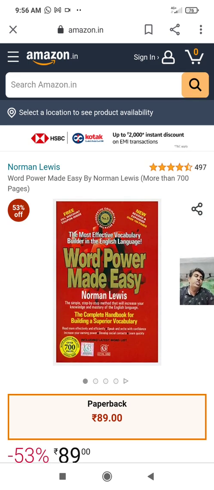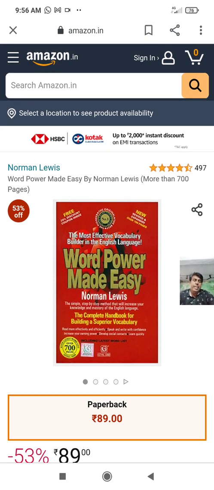So this is known as jargon. Jargon means the textile industry has a jargon. Law has a jargon. The food industry has a jargon. The software industry has a jargon. That means technical terminology. This is very important.